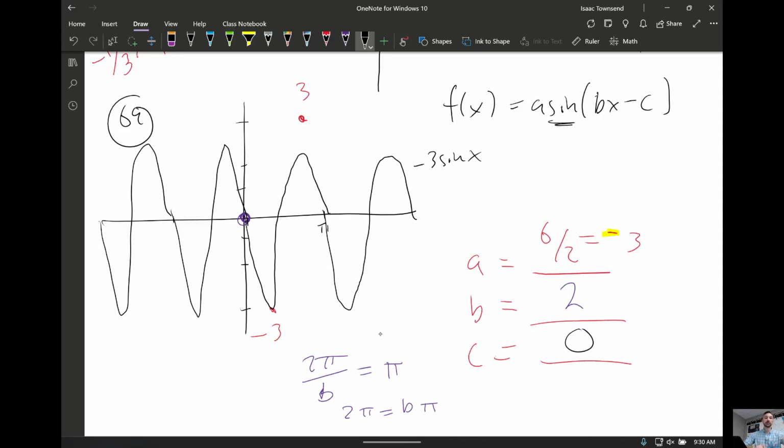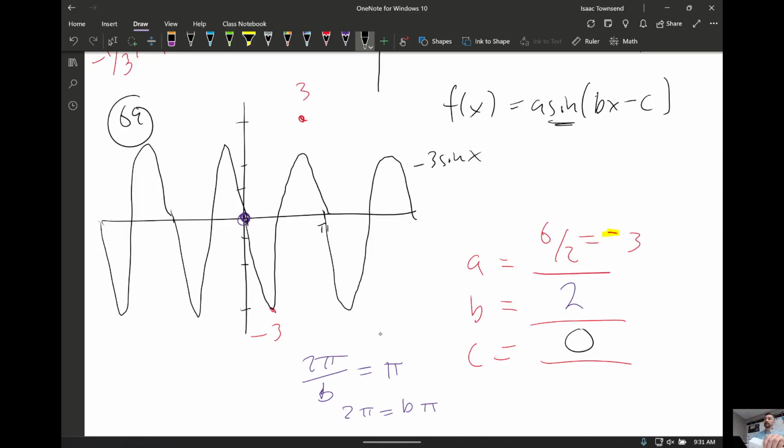I don't think it's being shifted right or left at all. But that'd be a little bit easier to see if I had not messed up my graph. Let me see what the back of the book goes with. Yep, they also got C was 0.